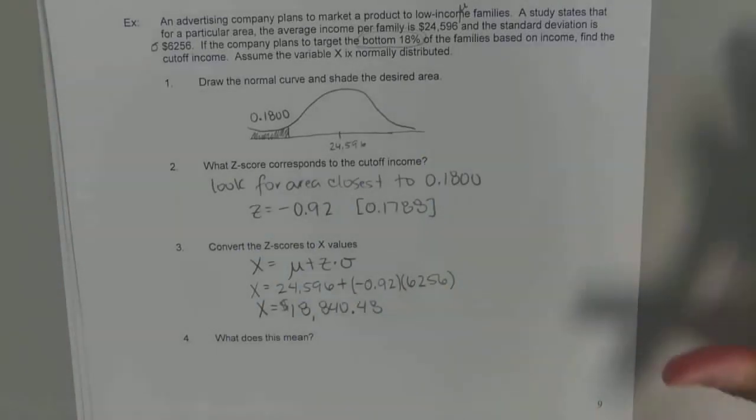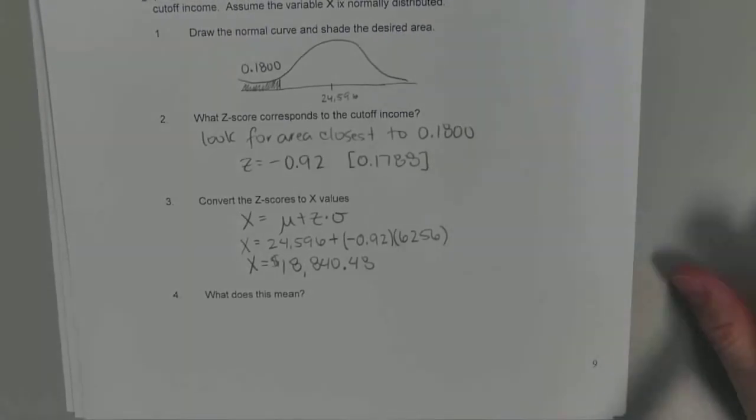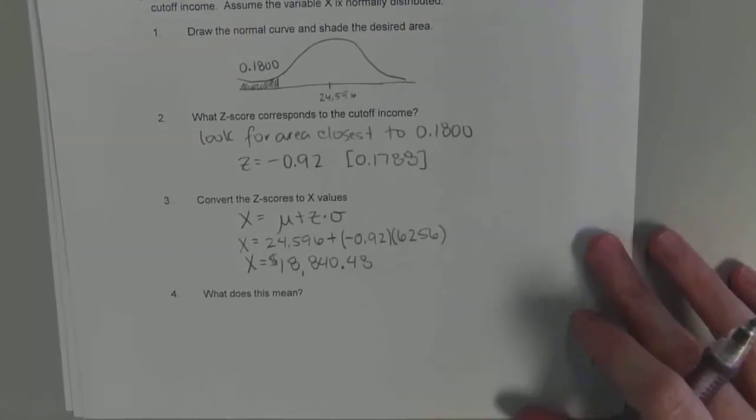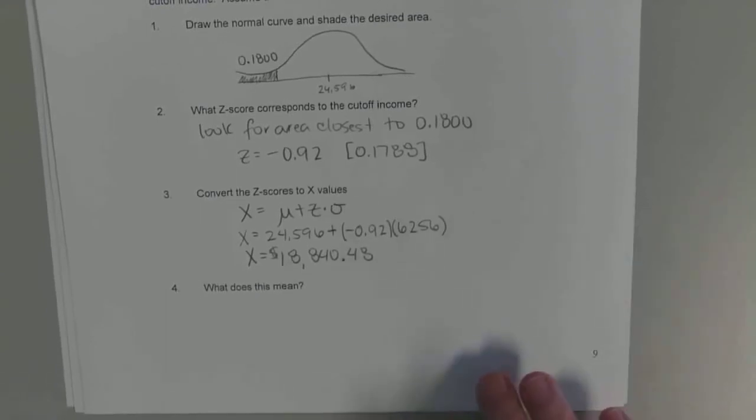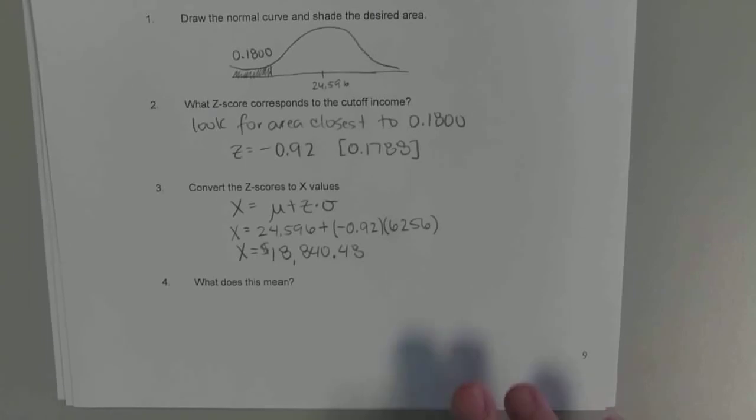I like question 4 because I know that's what you guys are thinking: what does this mean? What did we just find? The cutoff income, right? Who are we targeting? The bottom 18%. So who we're going to target are people that make $18,840.48 or less, okay?